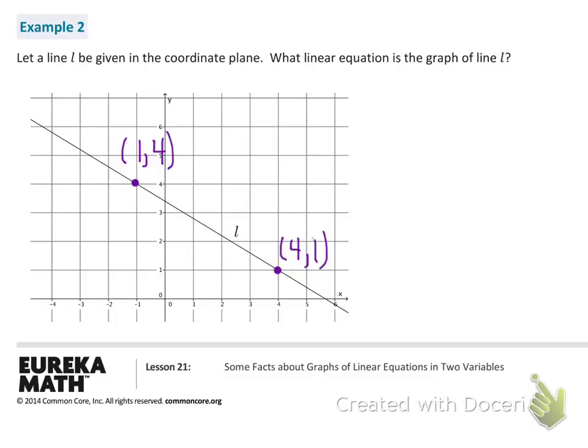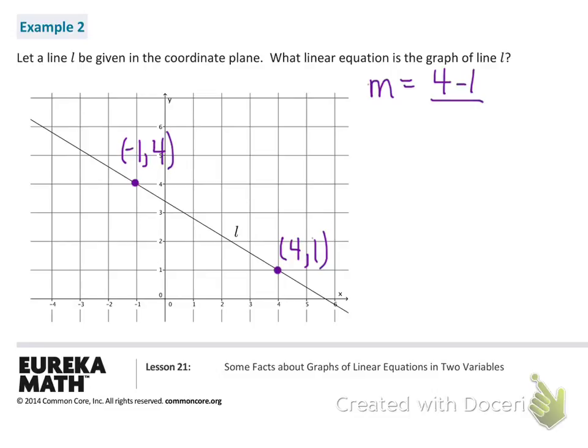Okay, so we always need to find the slope. That's always going to be one of the first steps when you're doing this, unless you're already given the slope. So the slope is going to be the difference in the y, so 4 minus 1, divided by the difference in the x. Wait a minute, that's a -1 right there.